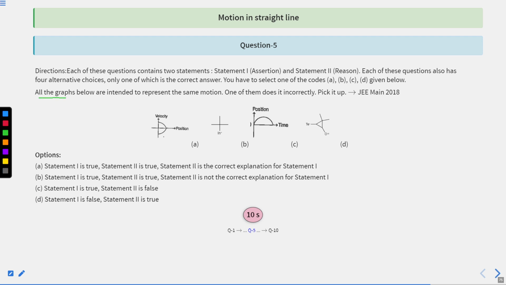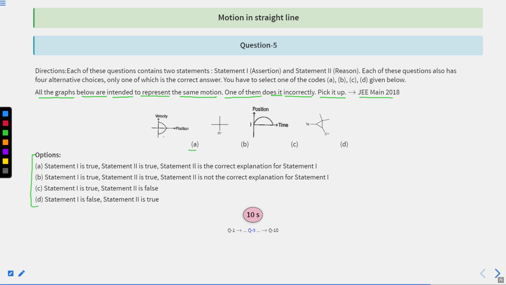All the graphs below are intended to represent the same motion. One of them does it incorrectly. Pick it out. Clear? JEE 2018 question. Ignore this option. Ignore this. Which one is the correct graph?